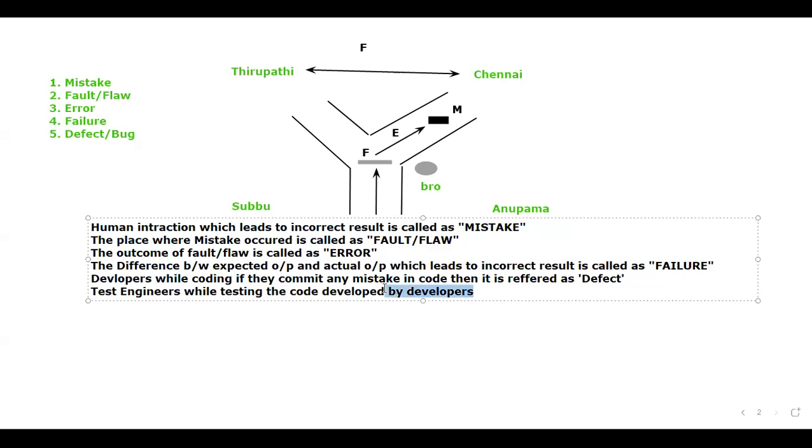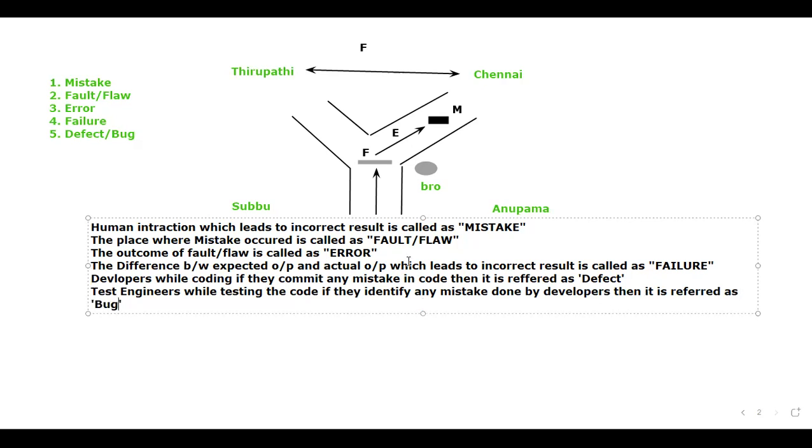Test engineers while testing the code, if they identify any mistake done by developers, 100% developers are bound to commit a mistake. So here, test engineers while testing the code, if they identify any mistake done by developers, then technically it is called as what? Bug. Then it is referred as bug.